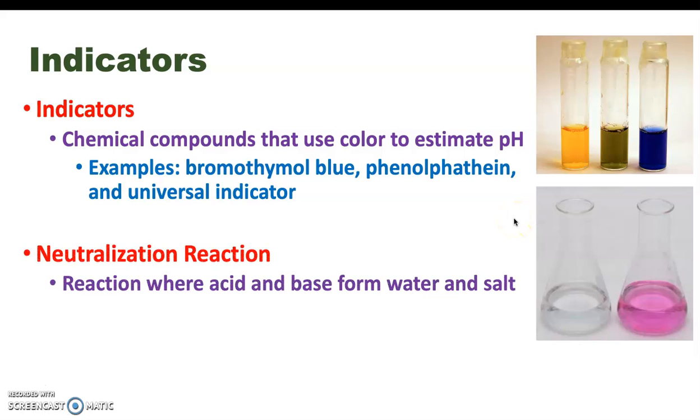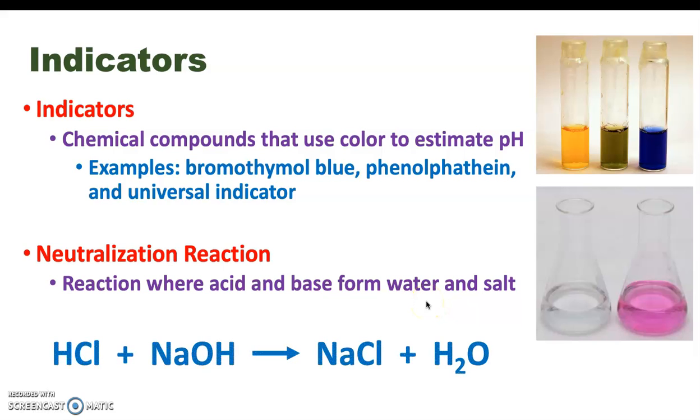Speaking of neutralization reactions, that is where you have an acid and a base react to each other. They neutralize each other to form water and a neutral salt. Well, I guess sometimes the salt is neutral, sometimes it's not. But for the most part in this class, we're always going to be reacting a strong acid and a strong base, which will always yield a neutral salt and water.